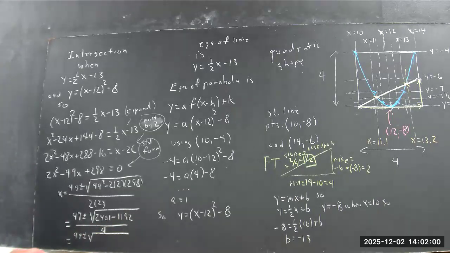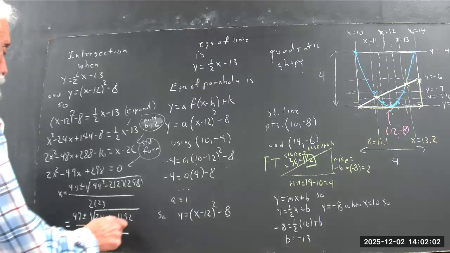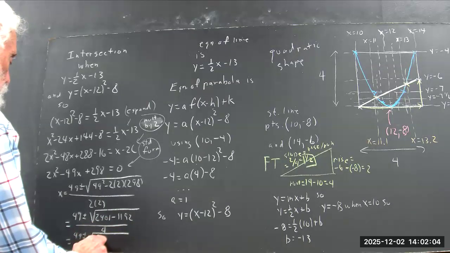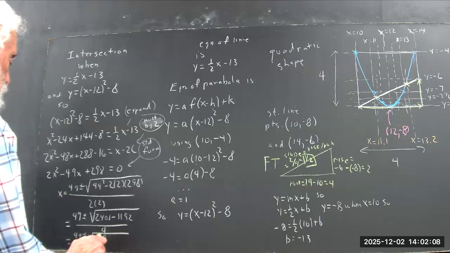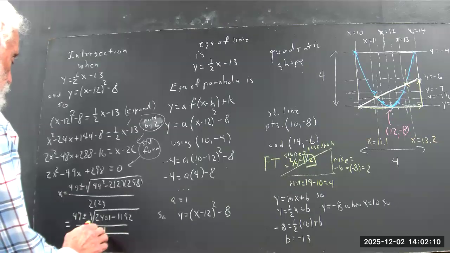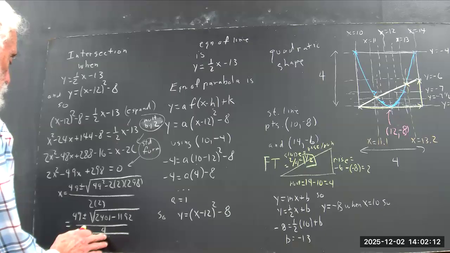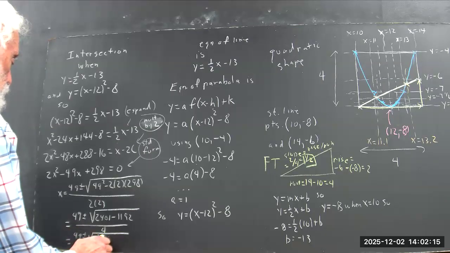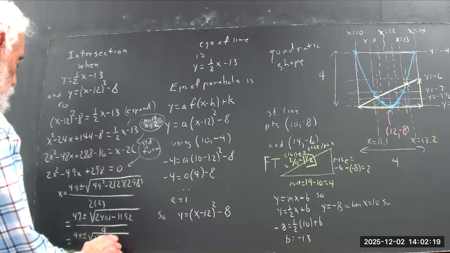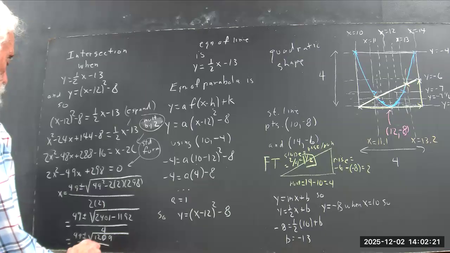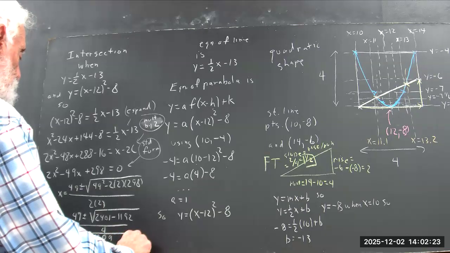It's going to be 49 plus or minus, then the square root of is going to be 1,200. I think it's right, 1,209 over 4.